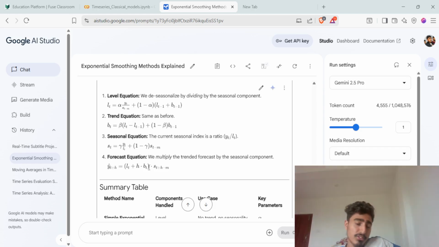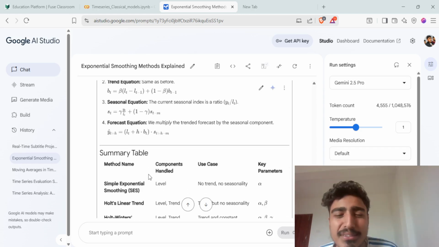Another major difference in the forecast equation is that we add the trend equation and the linear level equation, which we multiply with the seasonal equation. That's the major difference between them.